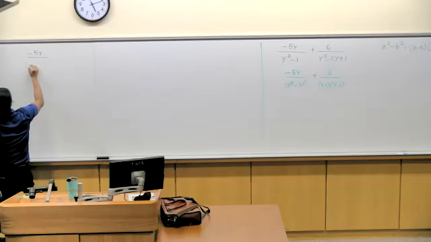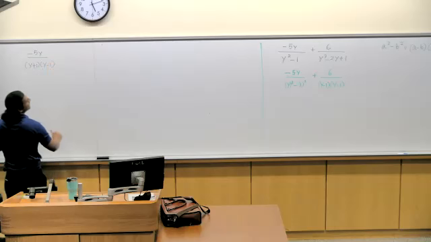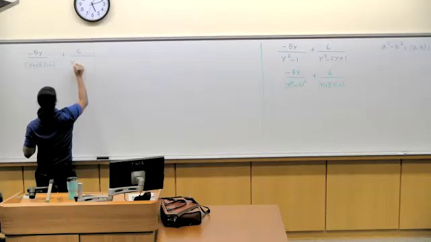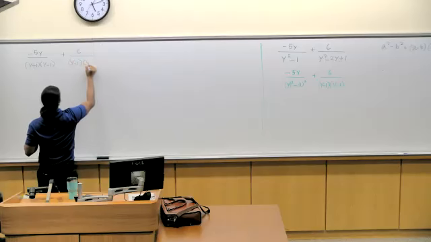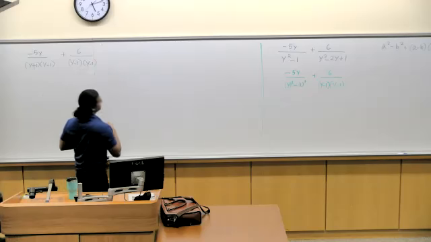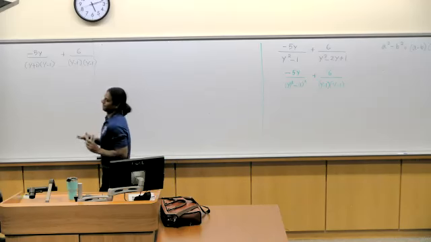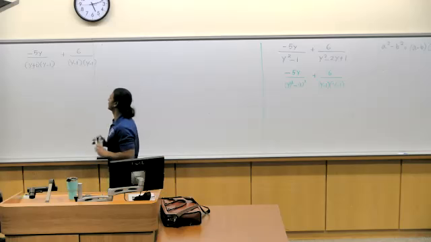So y plus 1 times y minus 1, plus 6 divided by y minus 1 times y minus 1. Good. Now, there are a couple of ways to do this problem.